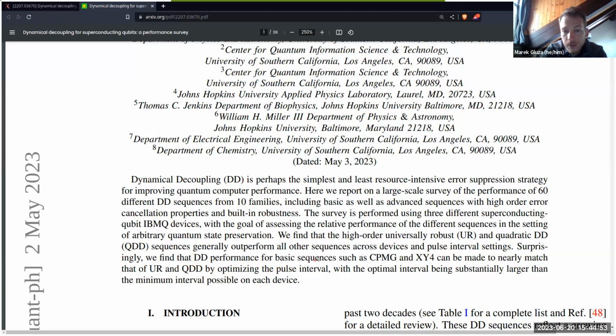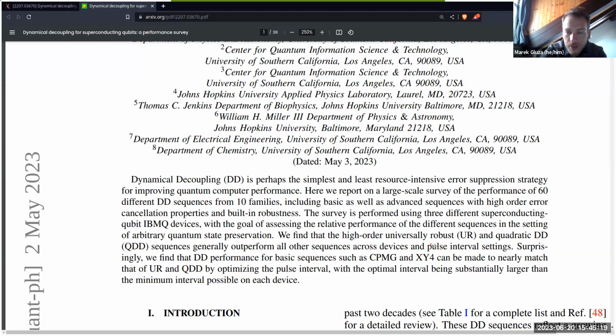We find that the basic sequences, so those are some old sequences that are actually related to NMR, nuclear magnetic resonance. If you read Nielsen Chuang, which was written a quarter century ago, back then NMR qubits still played a role, and these days we are actually bouncing back because people learned quite a lot how to use them.